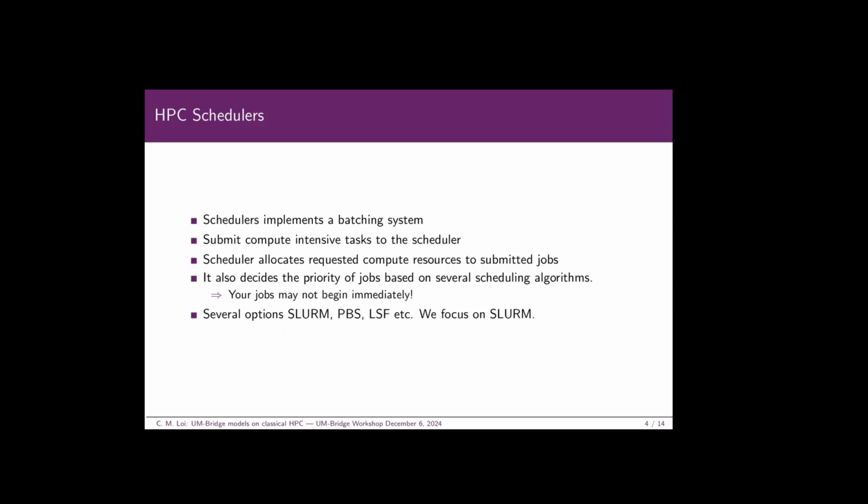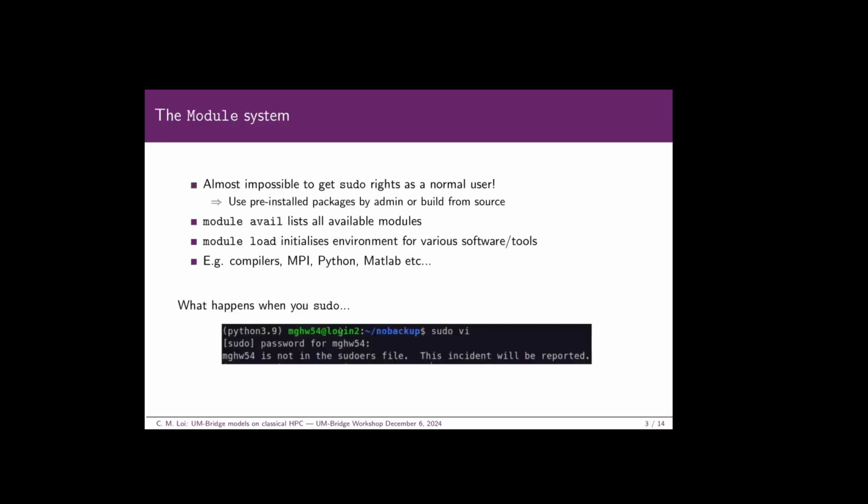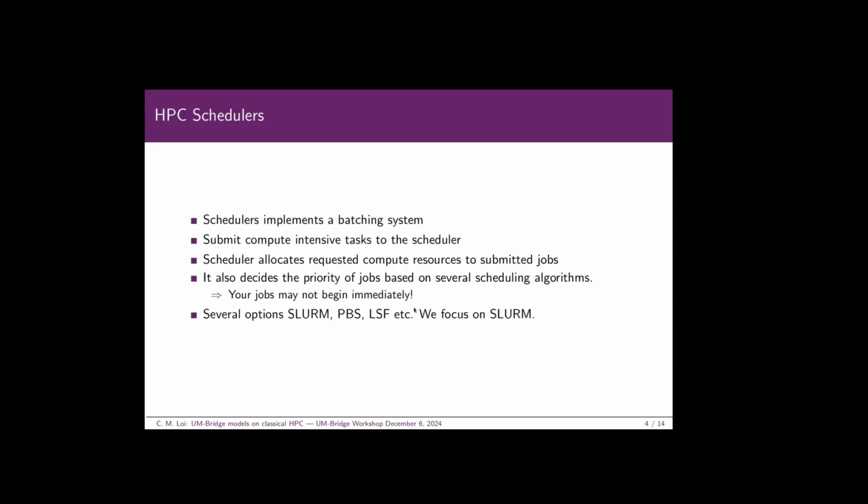If you are requesting half of the machine, then good luck. You may need to wait for half a year or maybe even longer. But the point is that the moment you submit the job, it does not run immediately. It goes through the scheduler's scheduling algorithm that decides the priority of your job. There are several popular options available on typical HPC systems: Slurm, PBS, LSF. But for this talk, I'll mainly focus on Slurm.